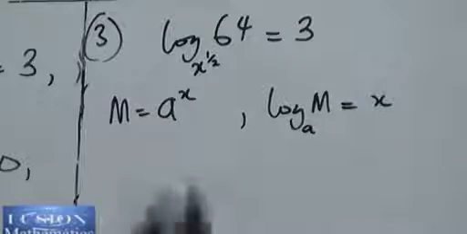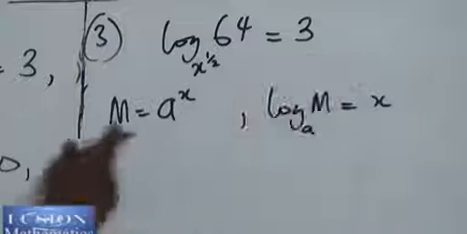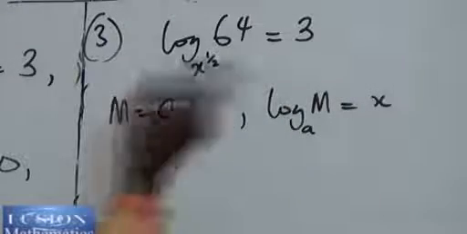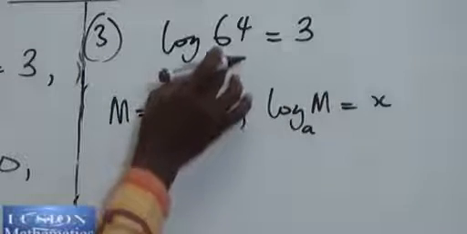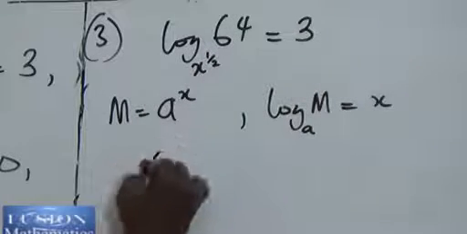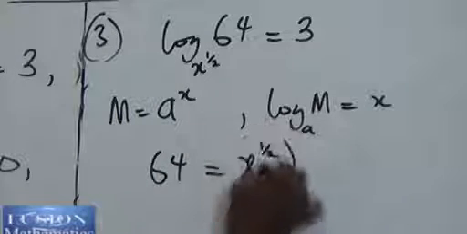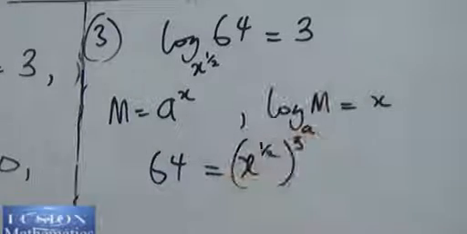So since we have a log here, we can change this expression to index form. So to change this, we have this base coming up to take this power. So it will be 64 equals x raised to power half raised to power 3.